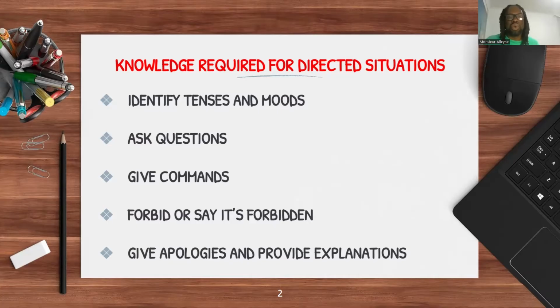So first, you have to be able to identify tenses and moods. You have to know how to ask questions, give commands, forbid or say it's forbidden, give apologies, and provide explanations.